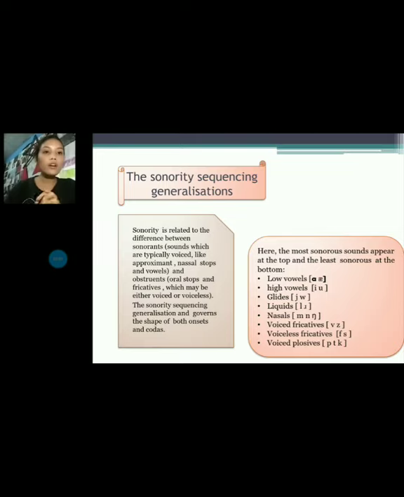As you can see here, low vowels with the sound a, high vowels with the sounds i and u, glides with the sounds y and w, liquids with the sound l, nasals with the sounds n and ng, voiced fricatives with the sounds v and z, voiceless fricatives with the sounds f and s, voiced plosives with the sounds b, d, and g, and voiceless plosives with the sounds p, t, and k.